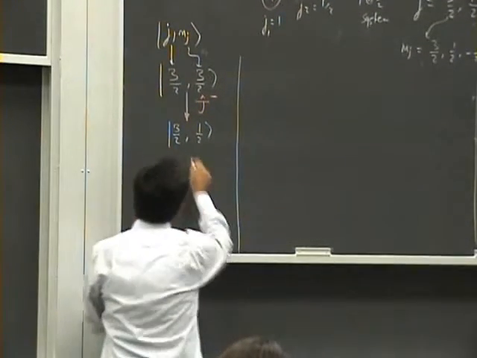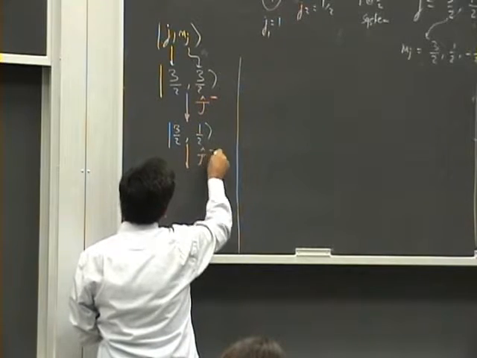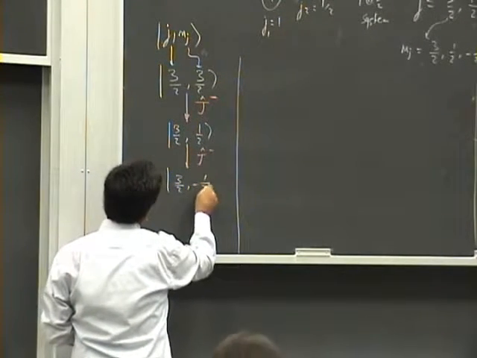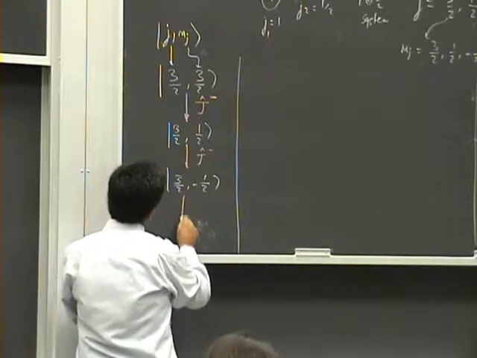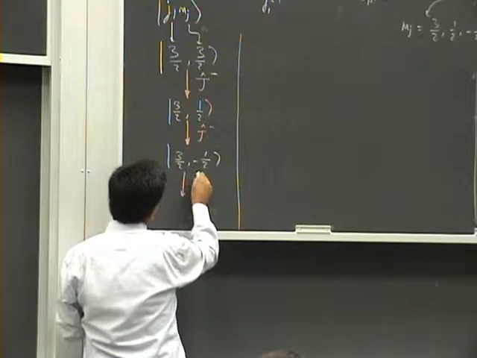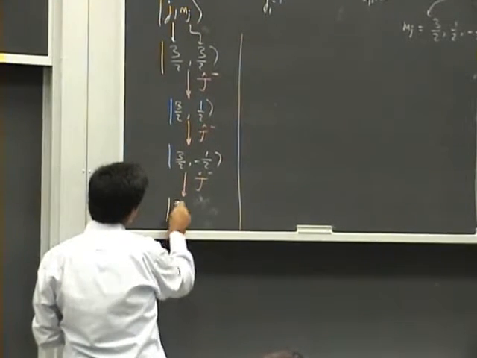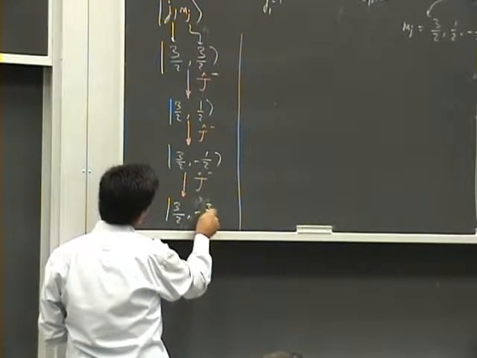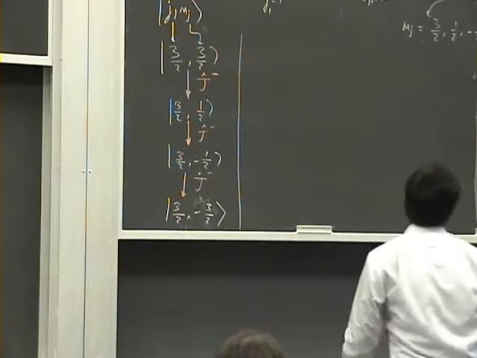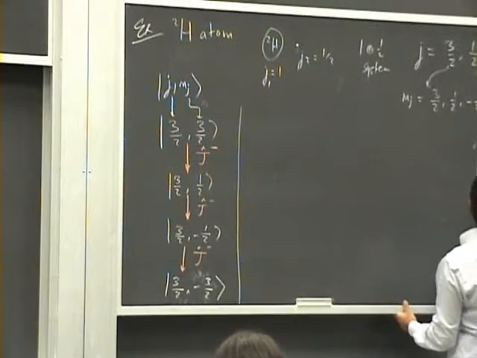Then I have this j minus operator acting again, I get minus half. Then I have j minus acting again, I get minus 3 by 2. Okay. So I have generated these 4 states.